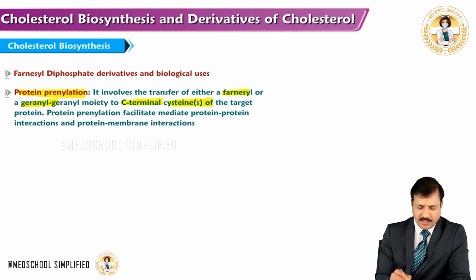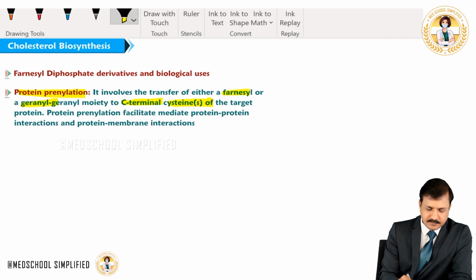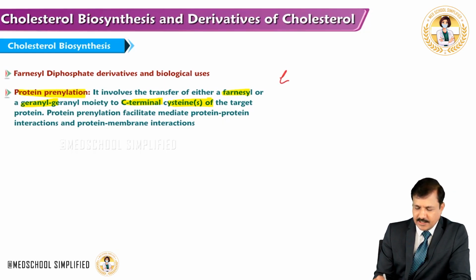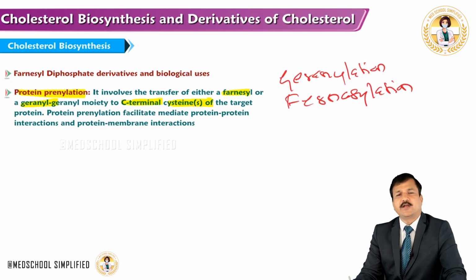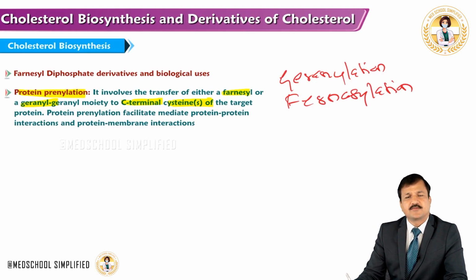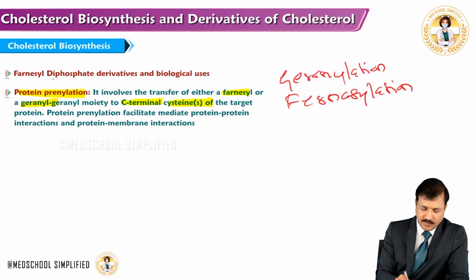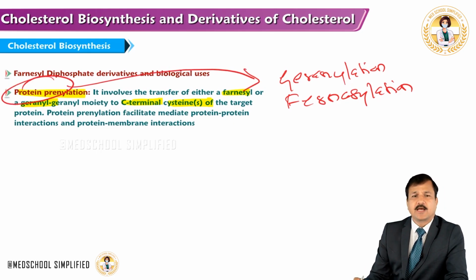This process we call geranylation or farnesylation. If the geranyl moiety is added, it is geranylation. If the farnesyl moiety is added, it's called farnesylation of a protein molecule. So together we call it protein prenylation.